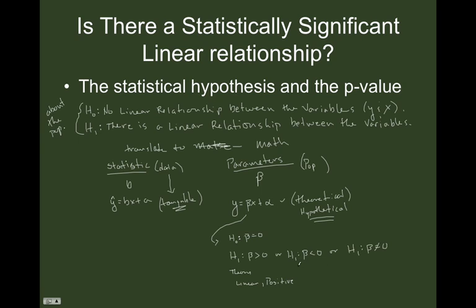The greater than is going with the positive. We'll use the less than in the alternate when we believe that the relationship is linear and negative.